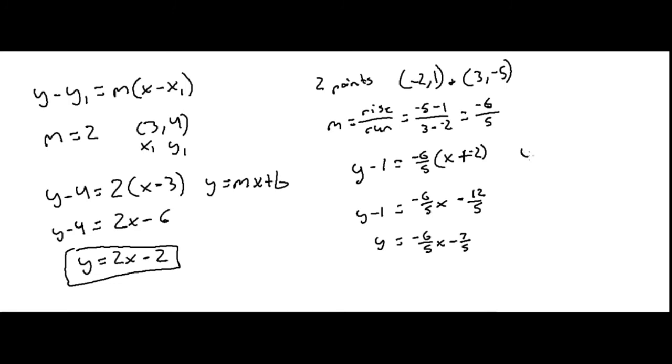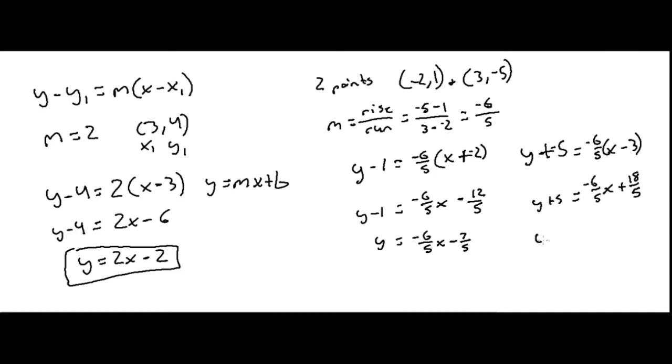but I'll use the other point. So I'll have y minus negative 5, so let's call that plus 5, is equal to negative 6/5 x minus 3. So I'll have negative 6/5 x plus 18/5 is equal to y plus 5.